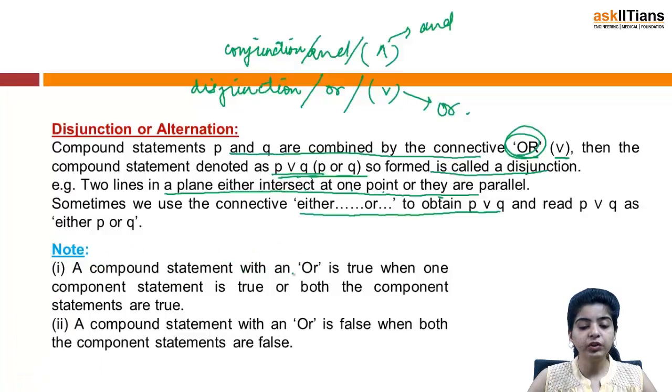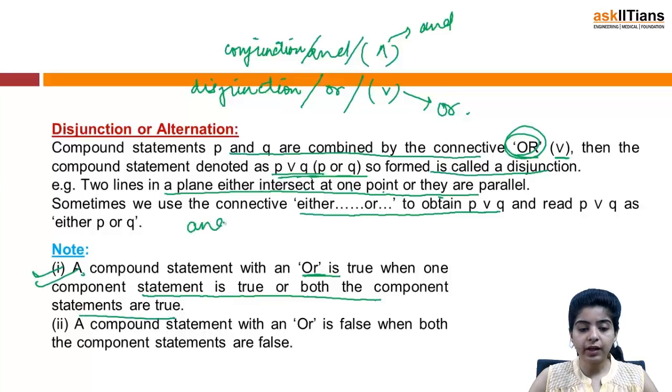A compound statement with an OR is true when one component statement is true or both the component statements are true. When we discussed conjunction, that is AND, we discussed that in AND you need both the statements to be true. P as well as Q both have to be true. Only then will the truth value of P and Q be true. But in case of OR, as you know, the meaning of OR is that either one of the two has to be true.